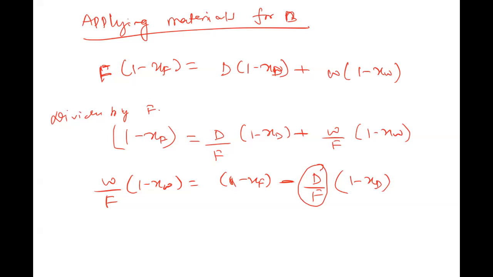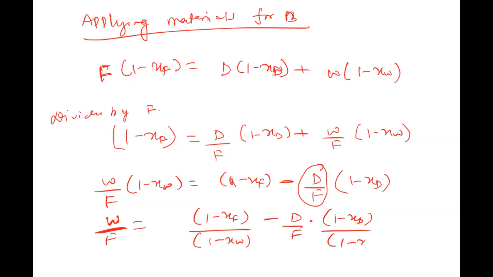So W by F equal to 1 minus XF by 1 minus XW minus D by F into 1 minus XD by 1 minus XW. I hope this is clear to all of you. If you substitute the value of D by F from the previous expression, we'll get the value of W by F. Can anyone tell me what the expression of W by F will be?